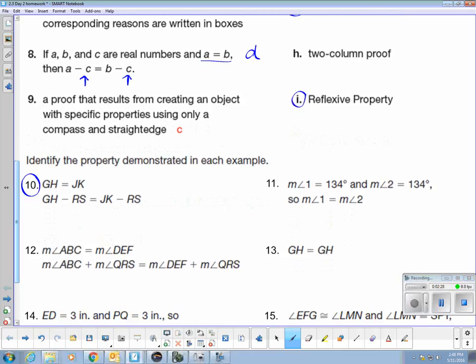So that leads us to number 10, where once again, in this original equation, I've subtracted RS from the left side, I've subtracted RS from the right side, so we call this the subtraction property of equality. It's our abbreviation for property of equality.